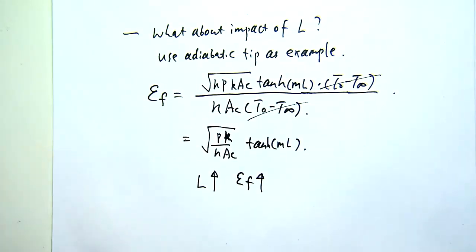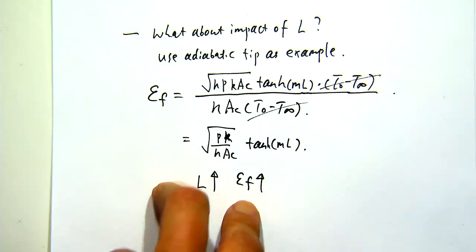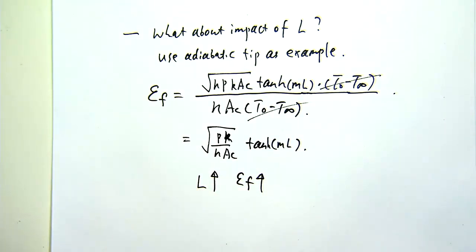That's understandable, which means, again, if you consider how effectiveness is defined, with fin versus without fin, if you have a longer fin, you always get more heat lost through the fin surface, so it will always be more effective.